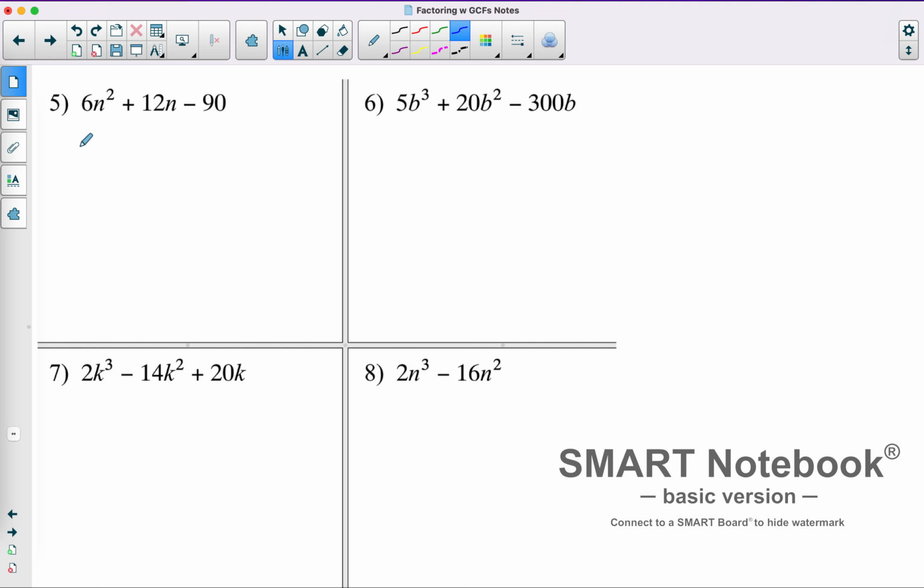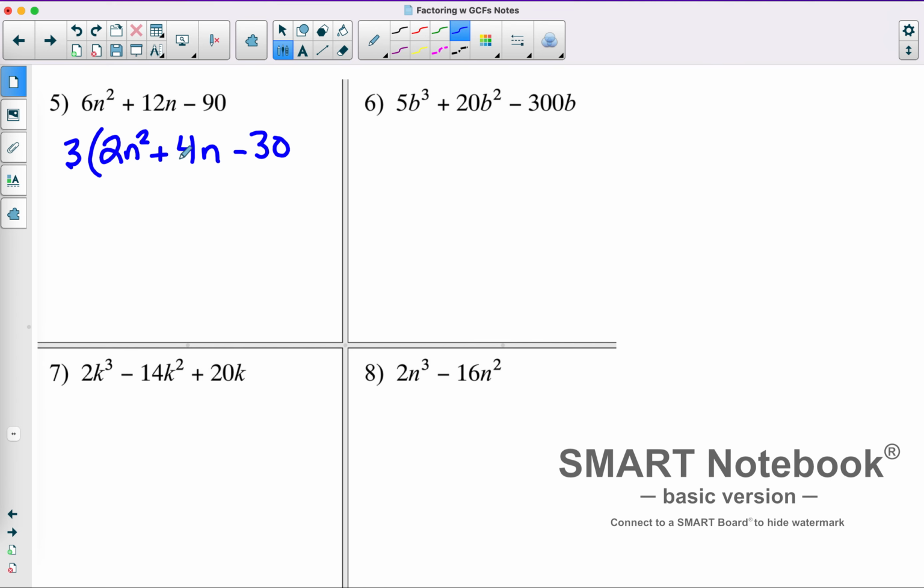Alright, so if I pulled out a GCF, it was a 3. So that would leave me with a 2n squared, a 4n, and 90 divided by 3 is 30.